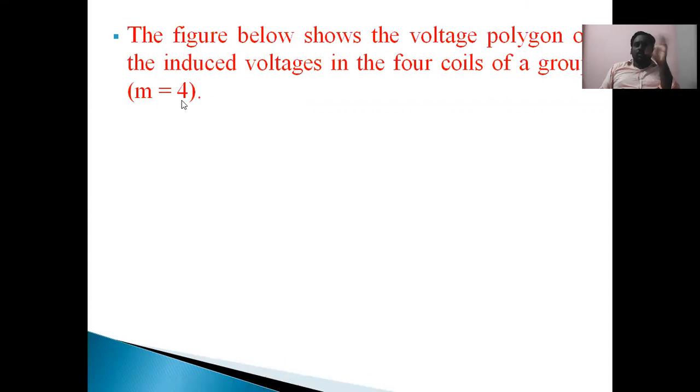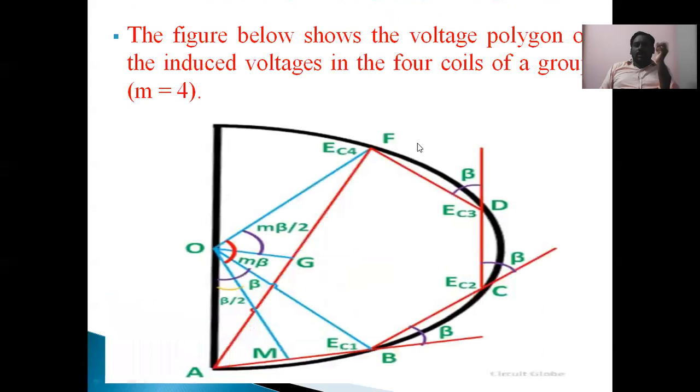In those four slots, how many coils are arranged? For example, 4 coils. Each coil induces a voltage when it interacts with the rotating magnetic flux from the rotating field system. So those 4 coils induce EMFs, and they are out of phase, that is why there is a phase difference.